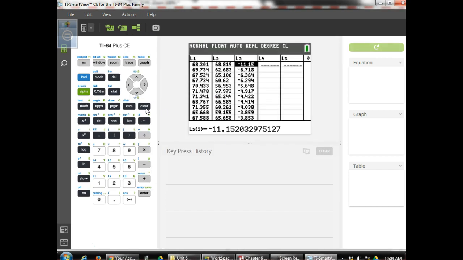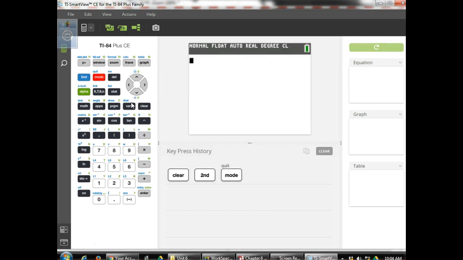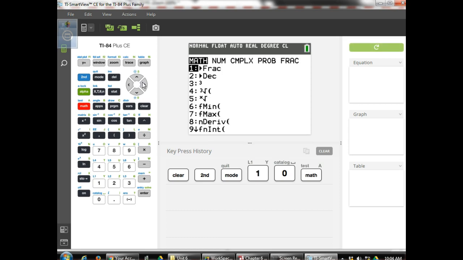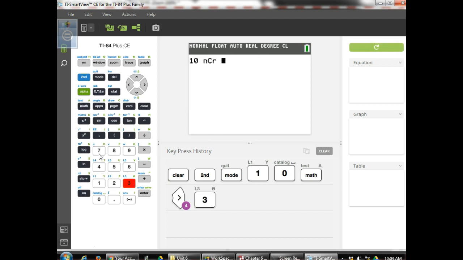Okay, so I'm going to remember where your math is, where you're going to go for your combinations. But first I have to enter 10 because I'm choosing from 10. I go to math, I go over to probability, and remember it's nCr or option 3, and I'm choosing 4. Okay, I'll go and get that value.